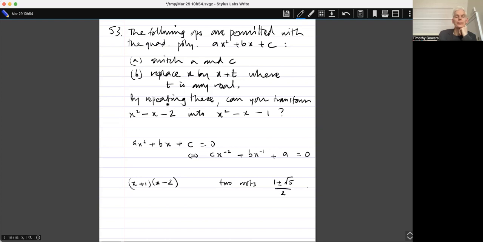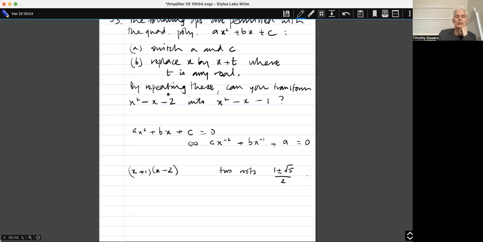But if we think about the difference between the two roots, does that do anything? So if x minus y equals... So I'm just wondering now whether the fact that the roots here are extremely rational and the roots here are extremely irrational could make a difference. So shifting by t won't change the difference of the two roots. But what happens if I take the reciprocals?